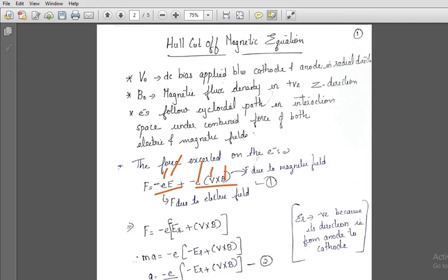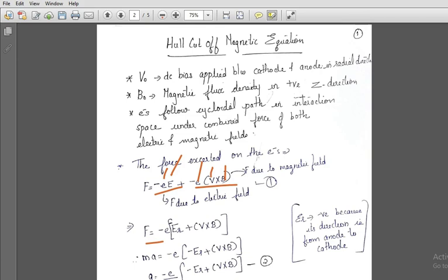Since it is a negative charge, we take a minus sign. Let that be equation number 1. We are rewriting it. The force can be rewritten as, since there is only an electric field in the radial direction, we can write minus of e.